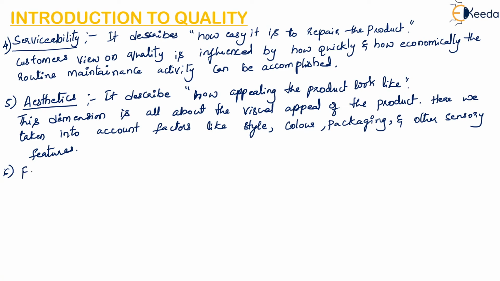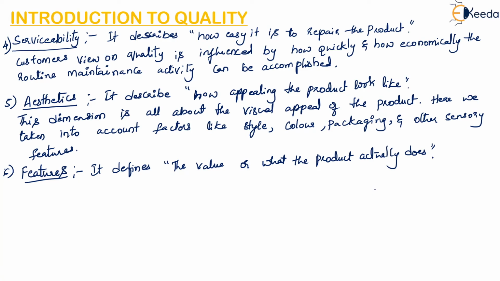The next one is features. This dimension of quality describes the value, or what the product can actually do. Customers tend to purchase products that have more value added features. So when you are buying something, you will look for products which have more features in them.